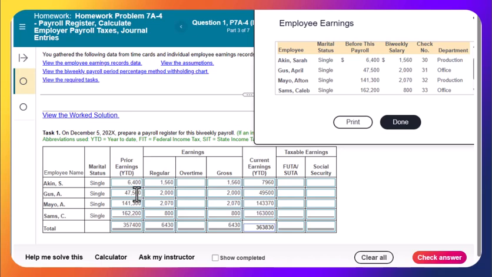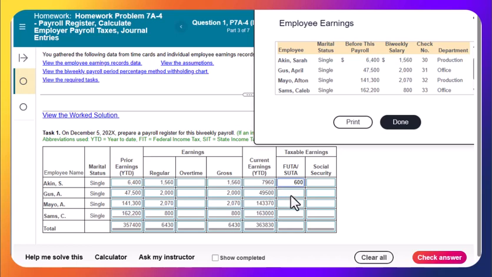But the rest of these three employees have made well over $7,000 prior to this period. So how much does it take to get to $7,000 for Aiken? It would be $600. So we'll take $600 here for SUTA and FUTA, and the rest of that $960 over the $7,000 is not taxable for either of those.